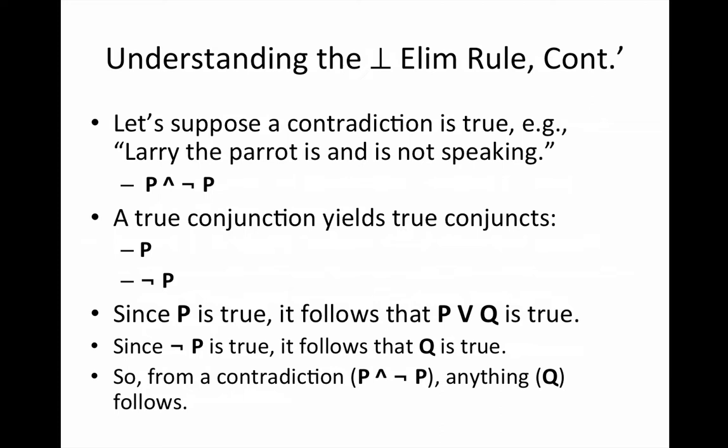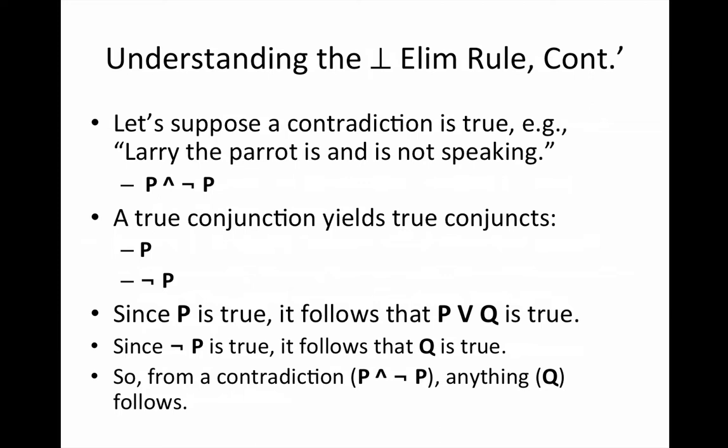So let's think about that as we move on to, say, the following. Let's suppose that a contradictory sentence is true. In other words, let's suppose that the sentence, Larry the parrot is and is not speaking, is true. We know that a true conjunction means each of the conjuncts is true. That would mean, therefore, that P is true and not P is true.